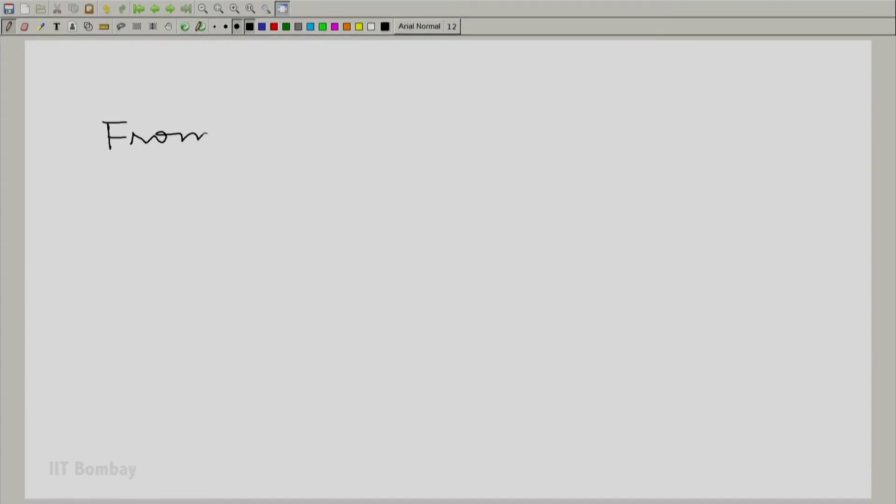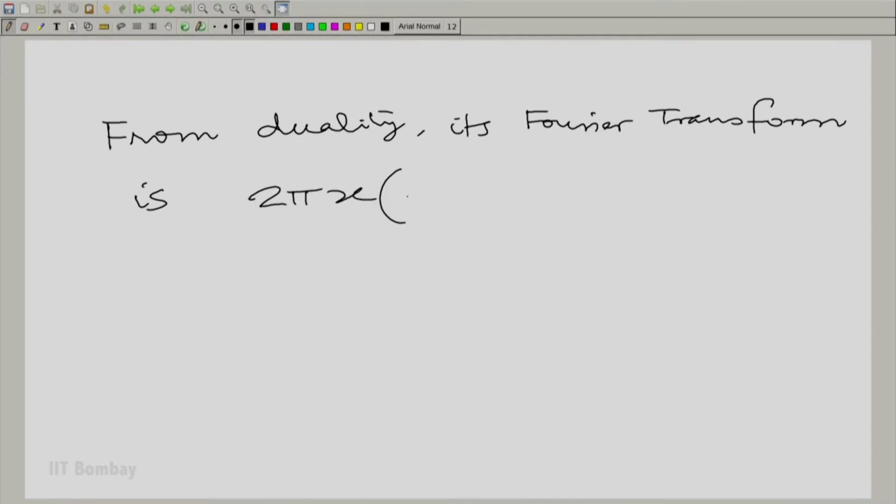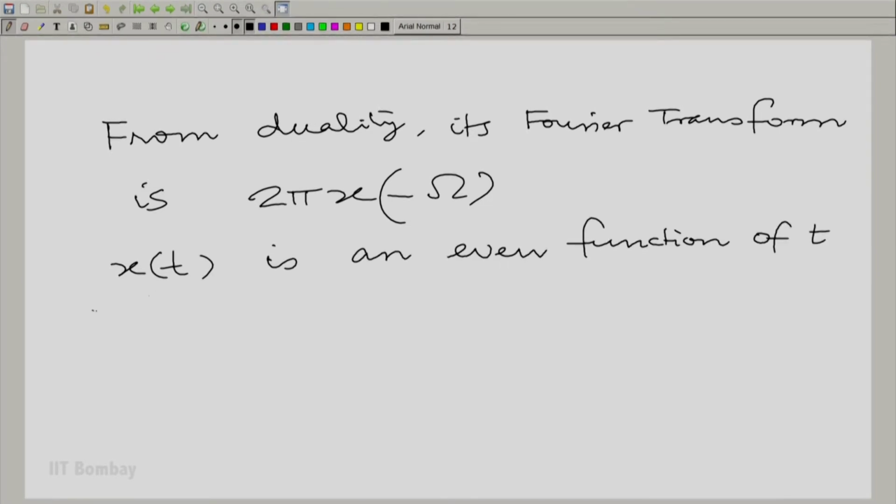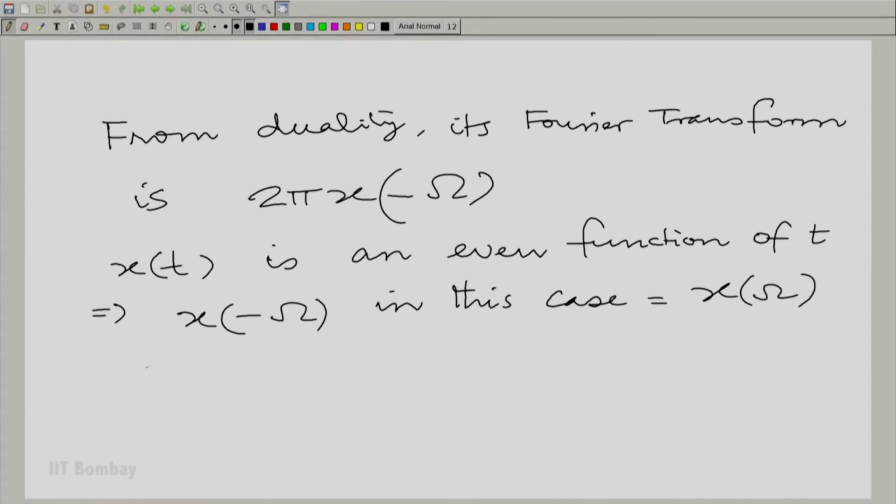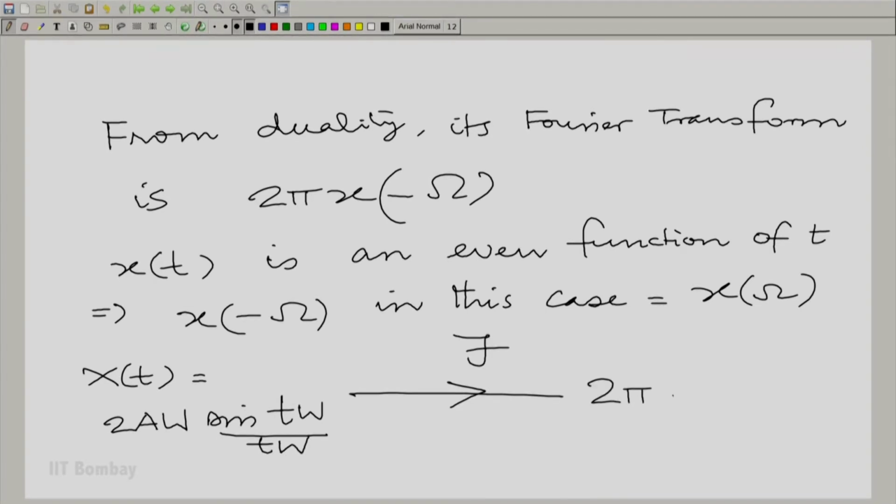So, from duality, its Fourier transform is 2 pi small x evaluated at minus omega. Now, you see x(t) is an even function of t. Therefore, x of minus omega in this case is equal to x of omega, and therefore the Fourier transform of capital X(t) described by 2aW sin(tW) by tW is 2 pi small x of omega itself.